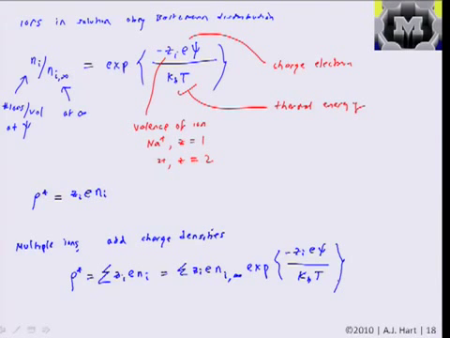So this says that, say we have sodium and chlorine, then we have two ions, and one is +1 and one is -1.